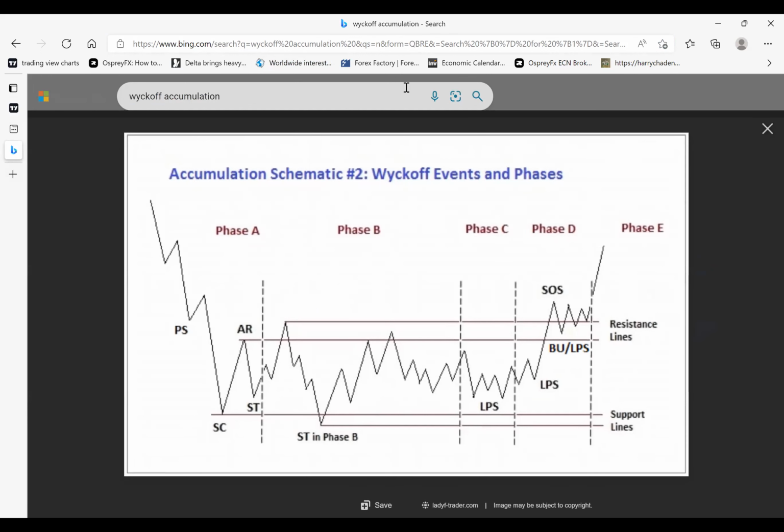There's a schematic number 1. But if you Google these and you print these images out, right, you don't necessarily have to know that this is preliminary support. You don't have to know that this is automatic rally, secondary test. You don't have to know any of this. Last point of support, right? The spring. You don't have to know the actual labels, right? If you don't want to get that in depth.